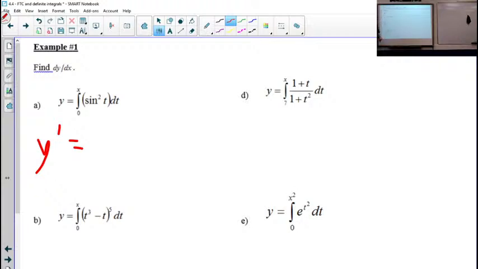Because what we're doing is we are saying find dy dx. In other words, give me the derivative of the integral of sine squared of t. Well, the derivative of the integral of sine squared of t is going to be sine squared of x instead of t.